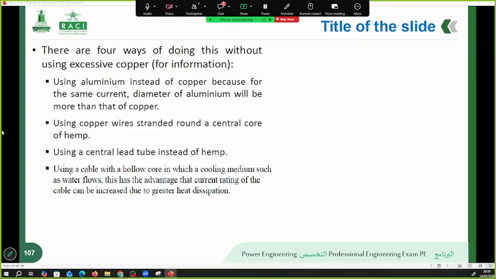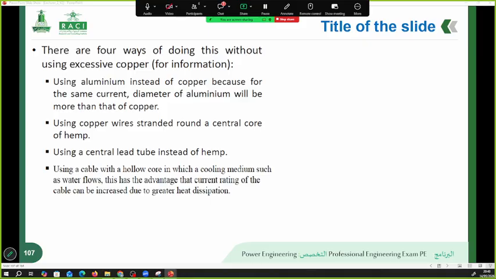This slide lists 4 methods to increase the conductor diameter of a cable without using an excessive amount of copper, primarily for HV applications where a larger diameter is needed to reduce electrical stress.